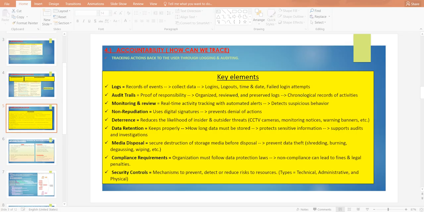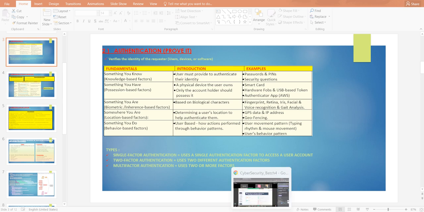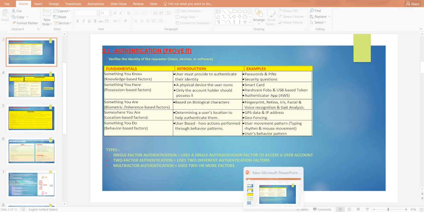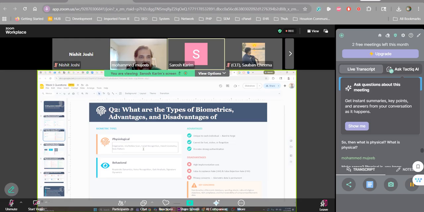So physiological is your fingerprint, retina scan, facial recognition, hand geometry, and vein pattern. Vein pattern is the pattern of the veins in our hand or wherever it is. That is vein recognition.